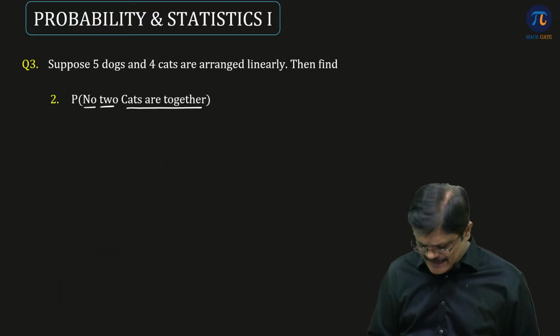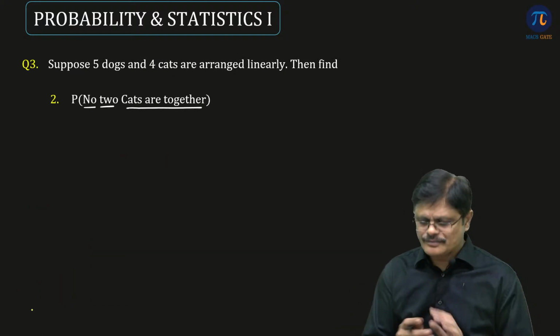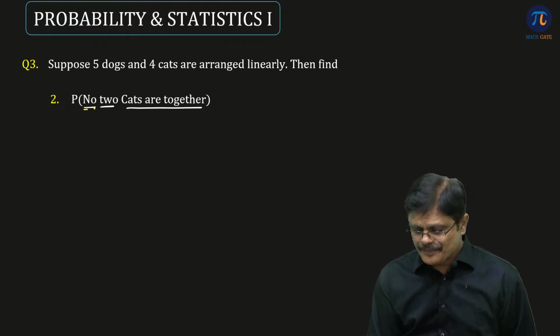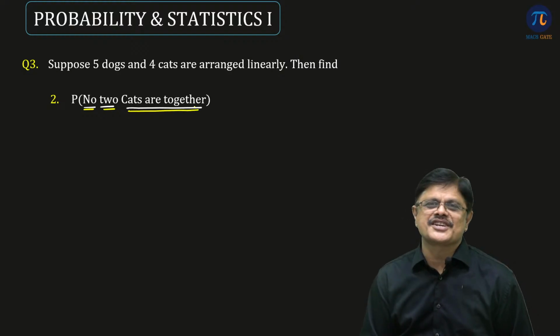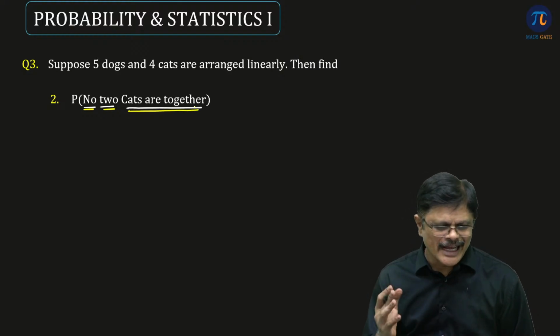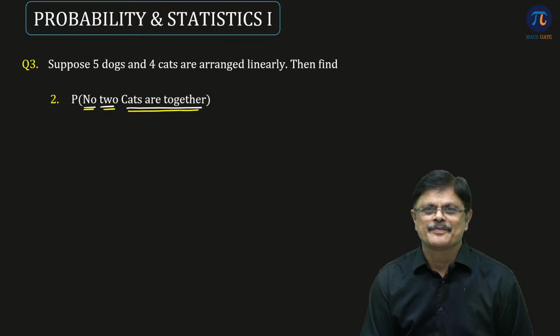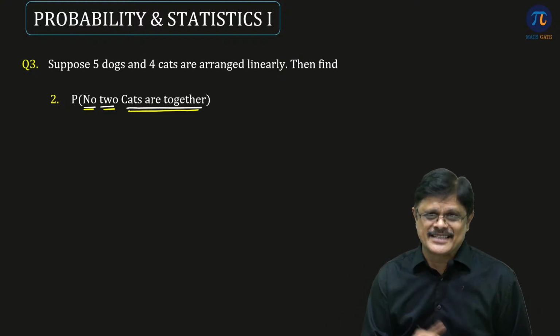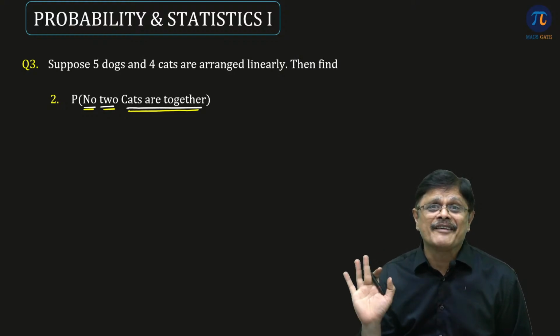So this method doesn't work here. So what is the idea? How are we going to solve it? No two cats together. So here, who are not having any restriction? We are having cats and dogs now. There is a restriction on cats. Dogs do not have any restriction.